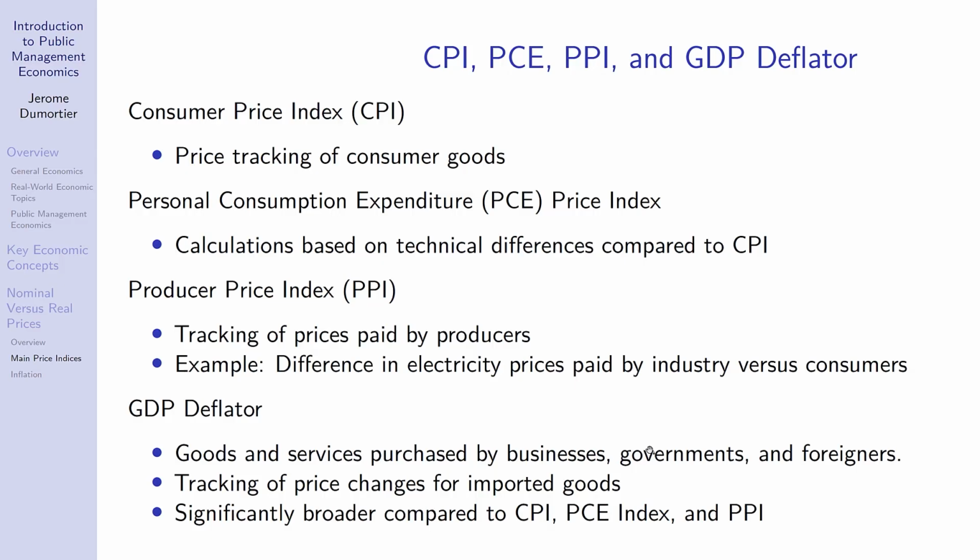The Producer Price Index, on the other hand, is specific for producers and tracks the cost paid by producers. For example, the electricity cost for industry is different than the electricity prices charged to consumers. And the fourth important price index is the so-called GDP deflator, which covers all goods and services produced domestically as well as imports.